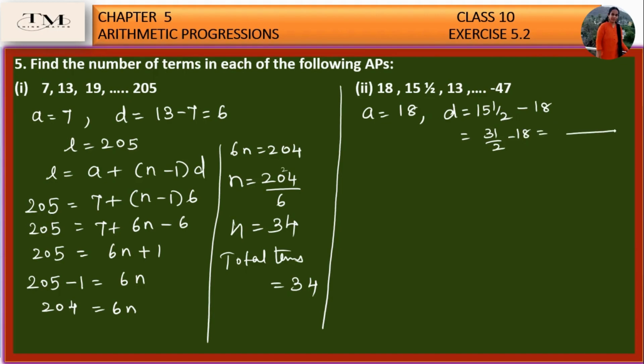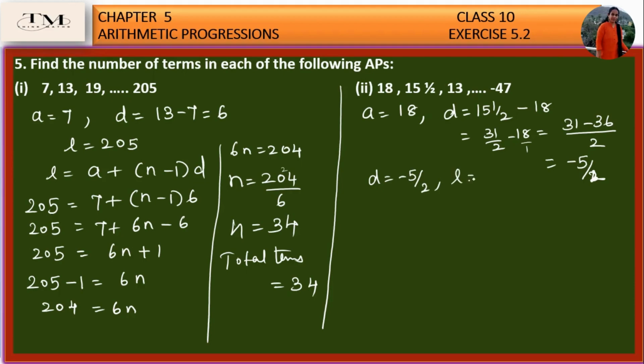So we have to take LCM as 2. Cross multiplying, 31 into 1 is 31, minus 2 into 18 is 36. What is 31 minus 36? Here the negative sign is for the bigger number. So we get negative 5 divided by 2. So d is equal to minus 5 by 2.